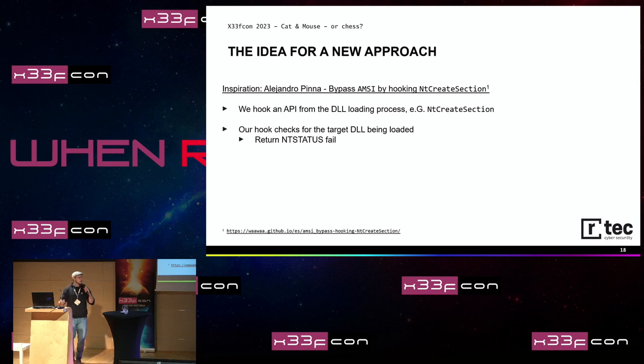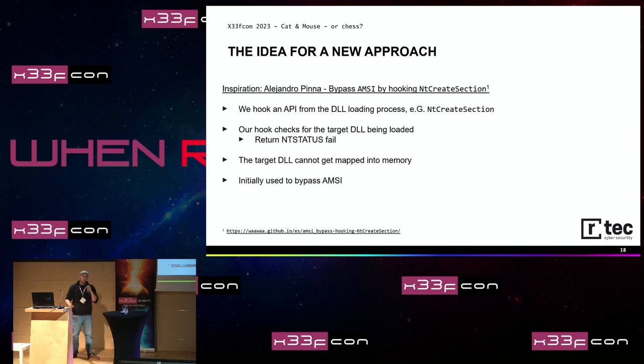If we hook this function ourselves, then as attacker we can check the input parameters and find out if specific DLLs are going to be loaded. And if these DLLs are going to be loaded, then we return an NT status failure, for example, so that the new section will not get created for the DLL. And if the section is not created, then the target DLL cannot get mapped into memory, and it will never be loaded at all. So this is the initial idea of this proof of concept.